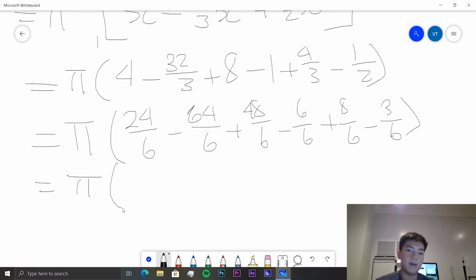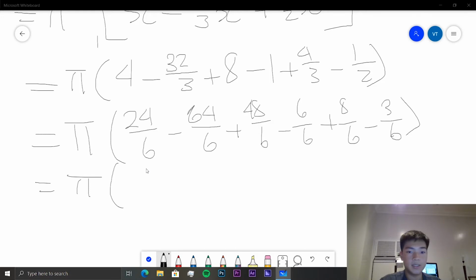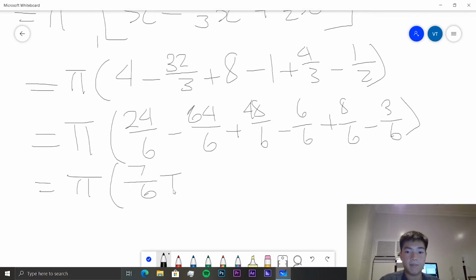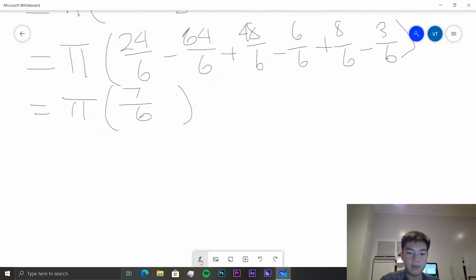So this is equal to pi times 7 over 6. So this is simply equal to 7 over 6 pi.